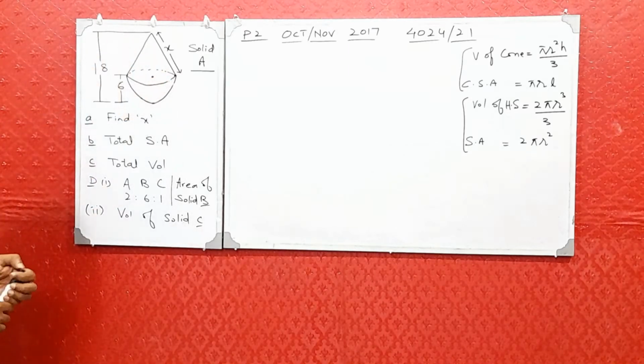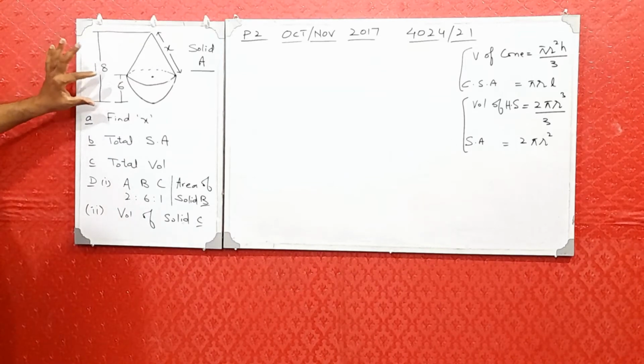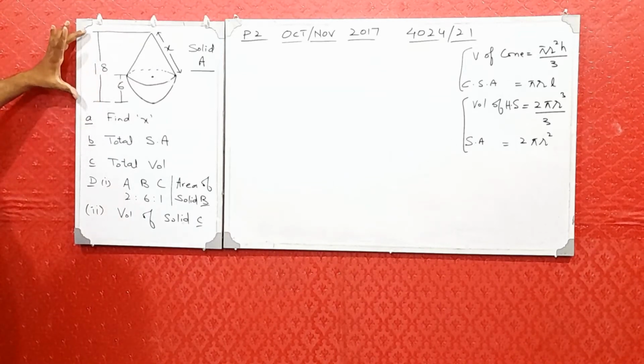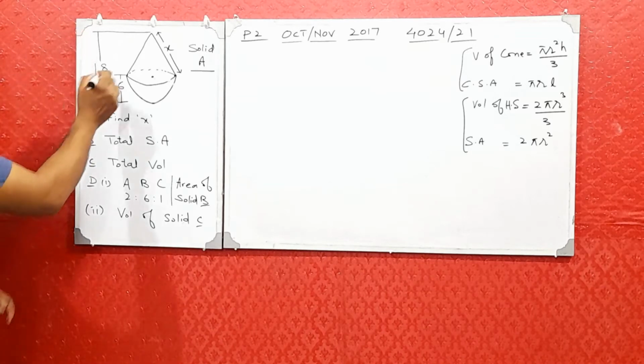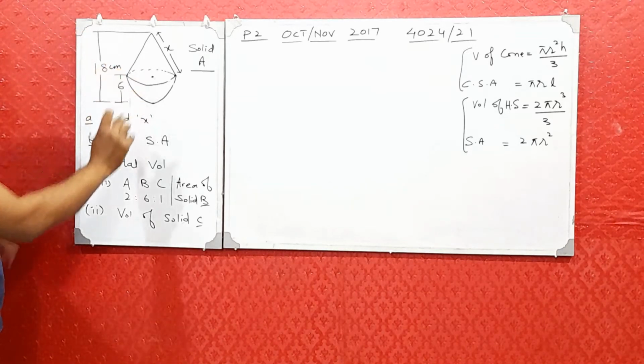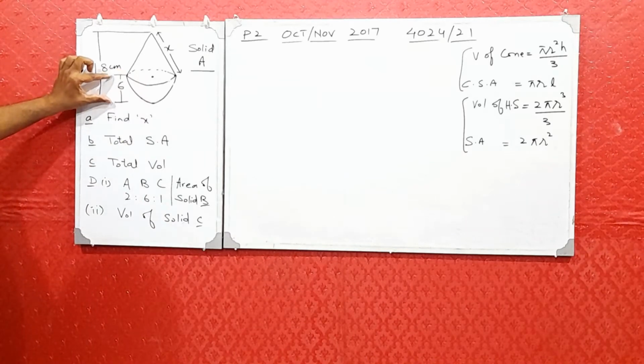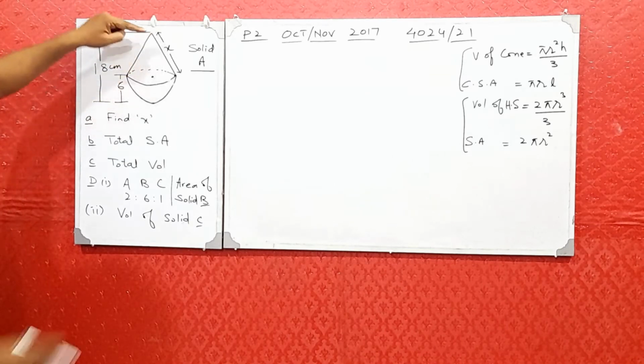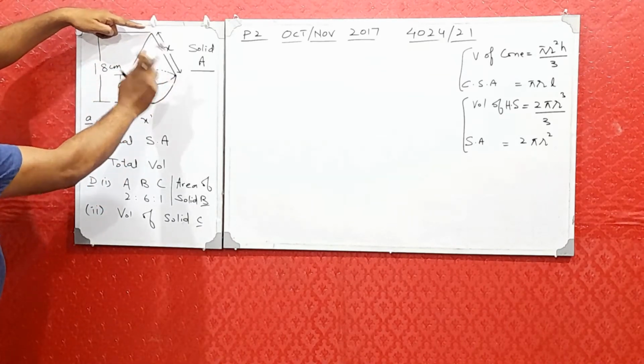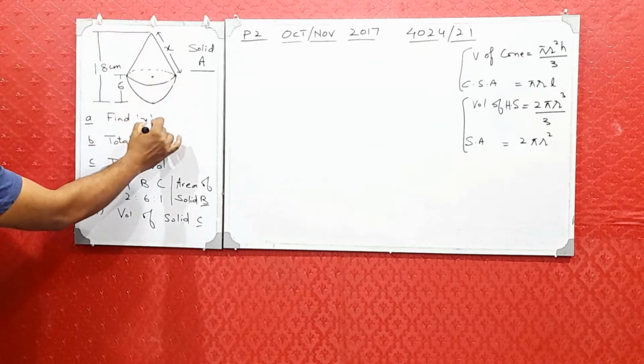The total height of this solid is 18 centimeters, and the height of this hemisphere is 6 centimeters. This slant height is given as x, which we are supposed to find in the first part.